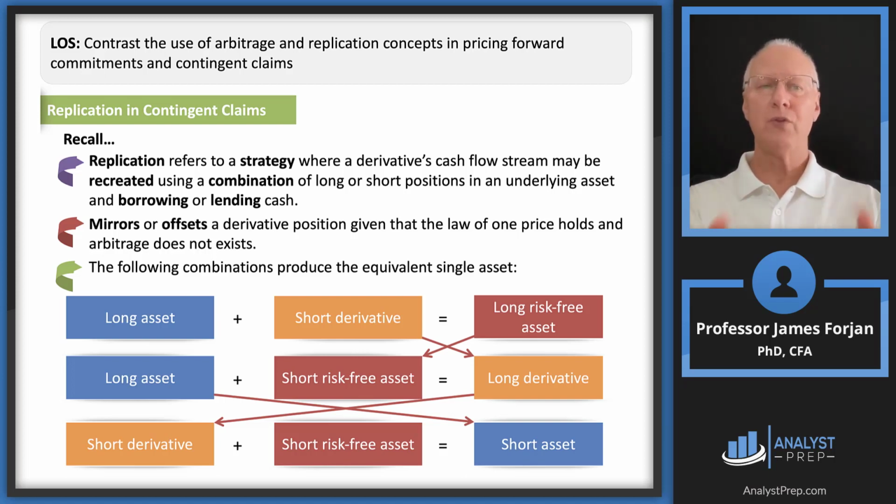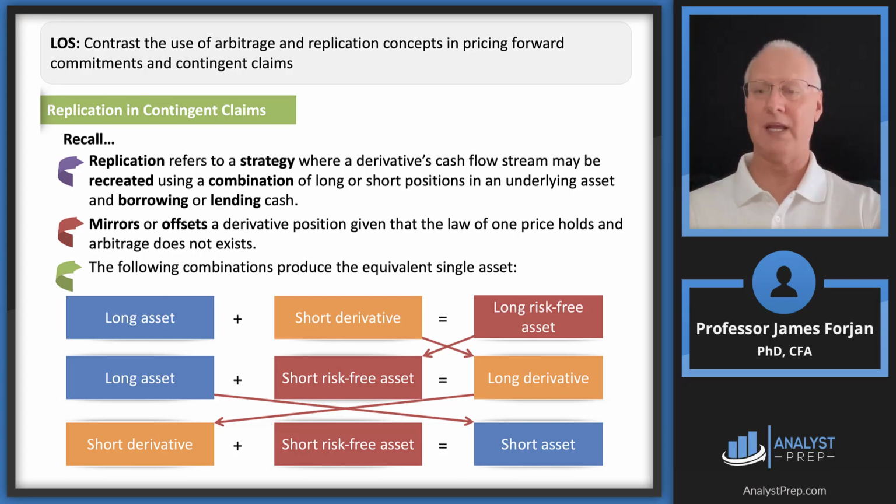Now, of course, when you do this replication stuff, you have to be super cognizant of the timing. Let's take that first one. If we're long in the share of stock, right, there's no time constraint. We can own that share of stock for thousands of years. But if we're going to layer that with a derivative and layer that with an investment in, let's say, a treasury security, the timing of those short-term things has to be identical.